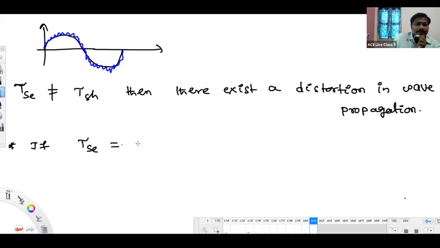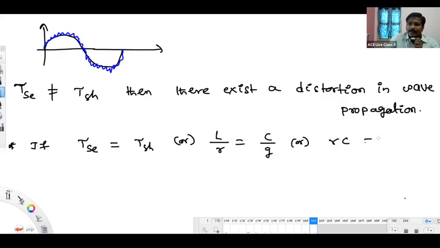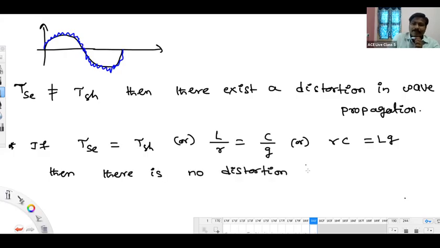Series branch time constant equals shunt branch time constant, or let me expand it: L by R equals C by G, or you can say RC equals LG. Then there is no distortion in the wave during propagation.